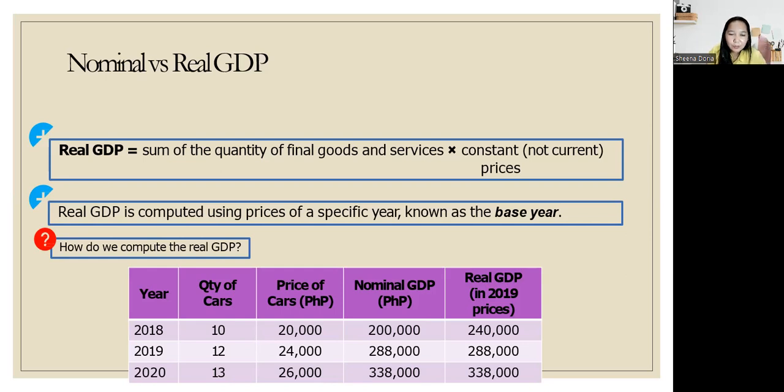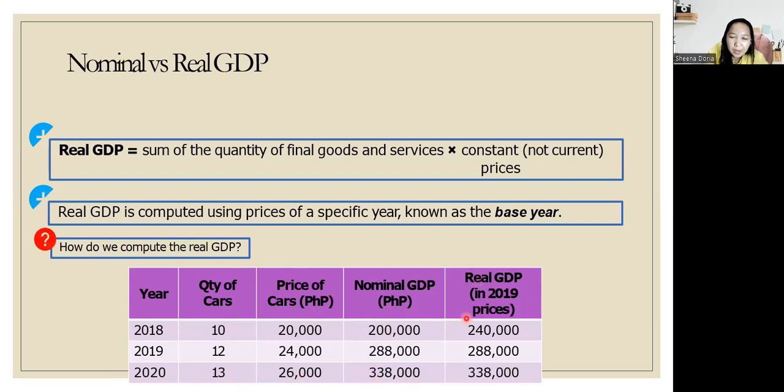So, how do we compute now for the real GDP? Okay, so pag ang ginamit natin dito is 2019 prices, for this example, imbis na for nominal GDP, ang gagamitin natin is 10 times 20, 200,000, 12 times 24, 288,000, 13 times 26, 338,000.